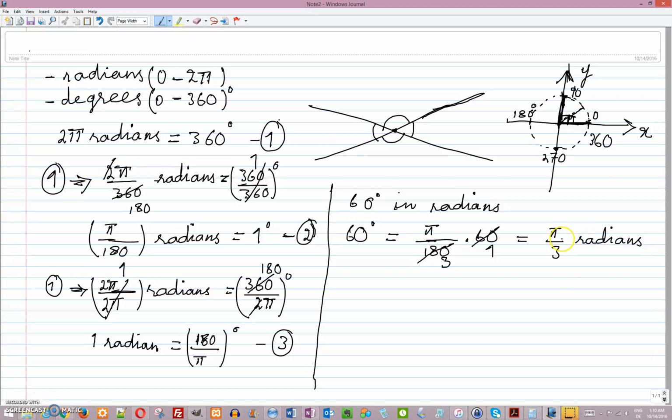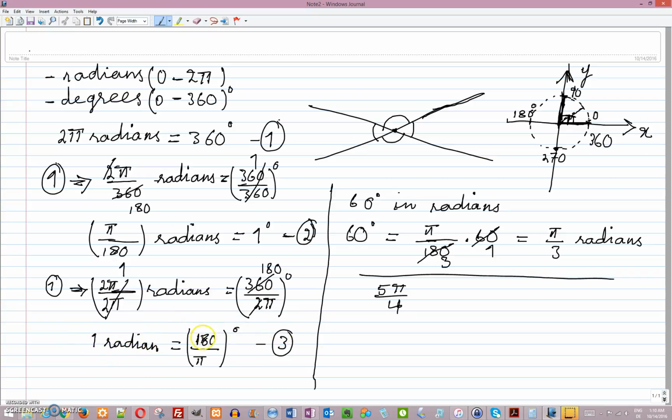Another example, 5 pi by 4 radians. What's that in degrees? You could use equation number 3.